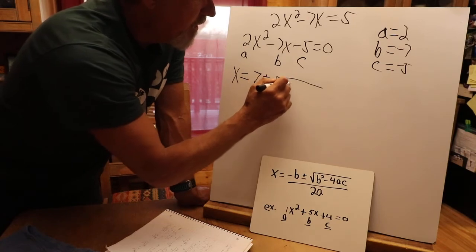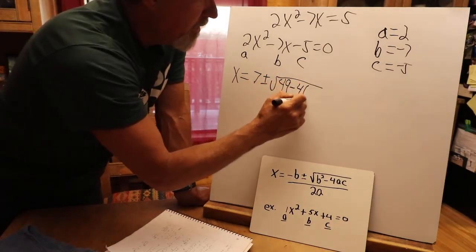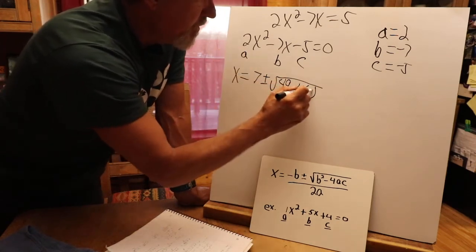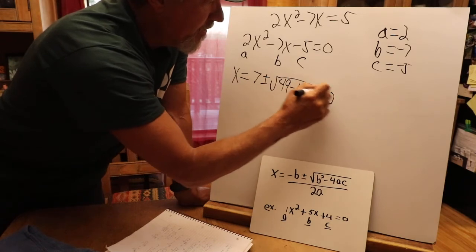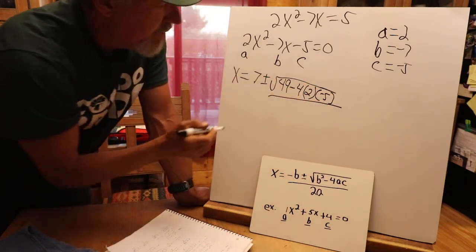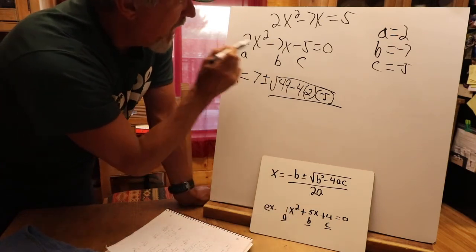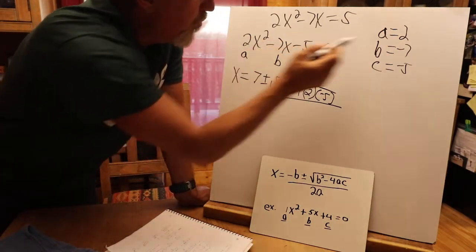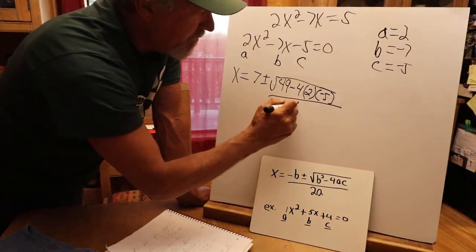So this is 49 minus 4, that's just part of the formula, times a, which is 2, times c, which is minus 5. All over, the bottom part of the formula is 2a, so a is 2. I can look at it from here or from where I wrote it down. A is 2. So 2a means it's going to be 2 times 2, it's going to be 4.